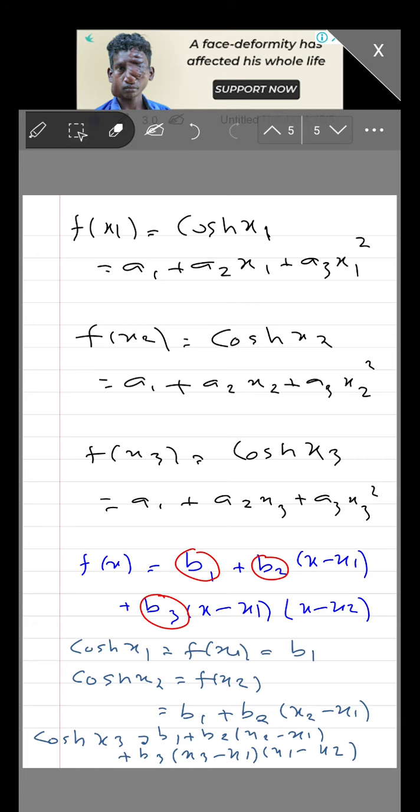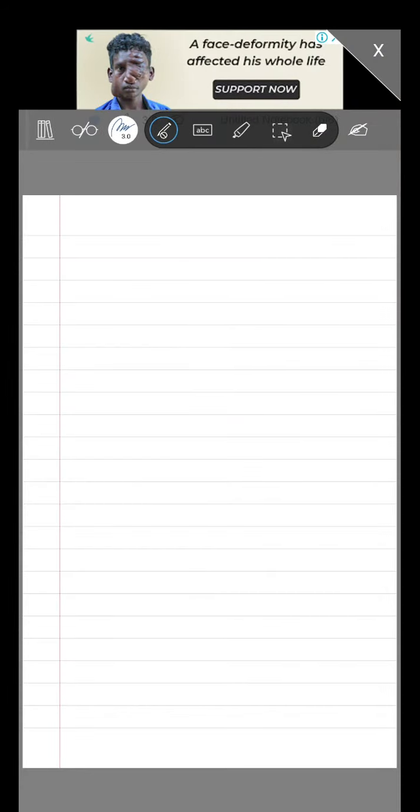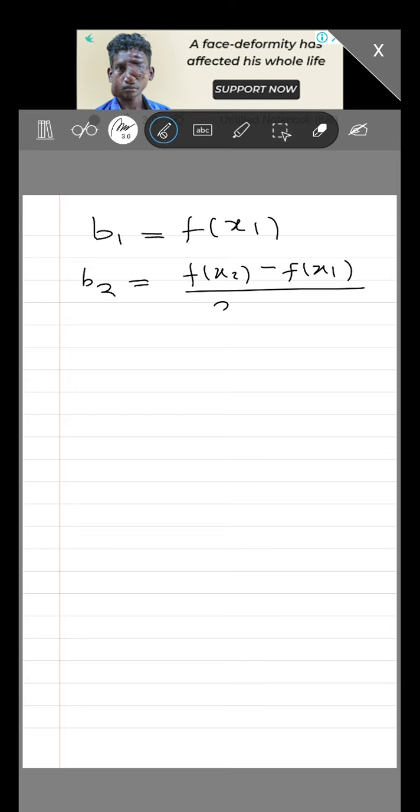So from the above equations we ultimately get the following relations. We get b1 equal to f(x1), and b2 equal to f(x2) minus f(x1) divided by x2 minus x1. This is similar to the a1 and a2 values.